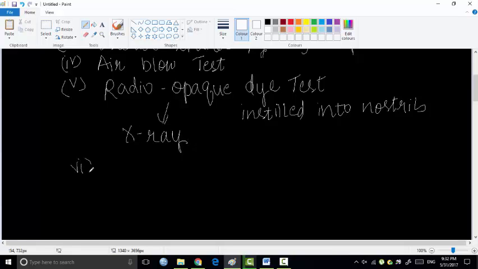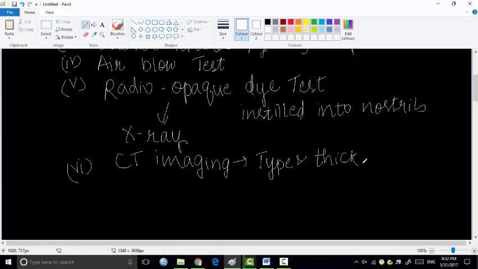Or we can also do CT imaging, which is advanced. This shows the type and thickness of atresia, right? What type of atresia is there and what its thickness is can be known by CT imaging.